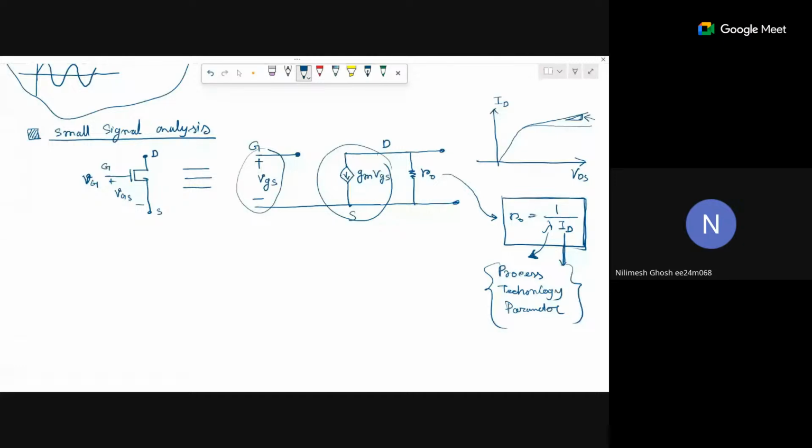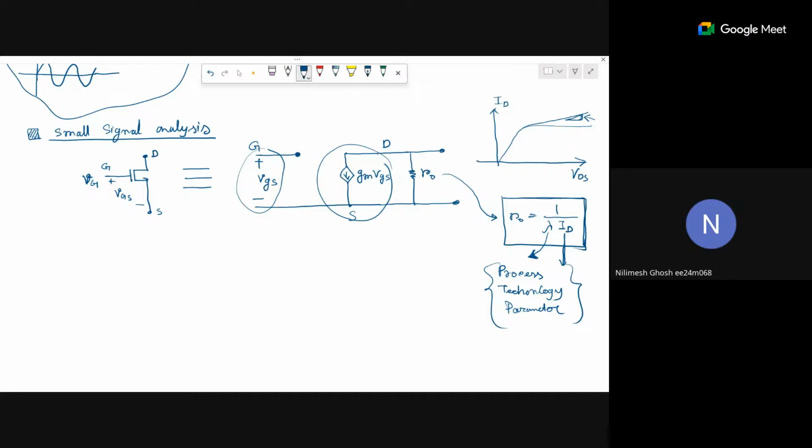Let's say a company called TSMC is making some MOSFET, and after making the MOSFET, it found out that this lambda parameter is fixed, say 0.2. So this particular thing is fixed by the particular technology itself. Different technologies, like 180 nanometer technology, 120 nanometer technology, each have their own technology parameters, and this lambda is a constant for a particular technology, right?